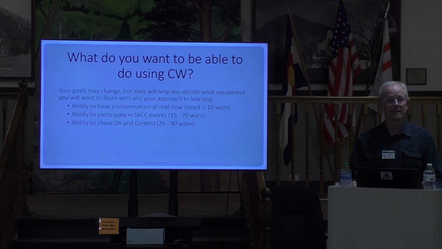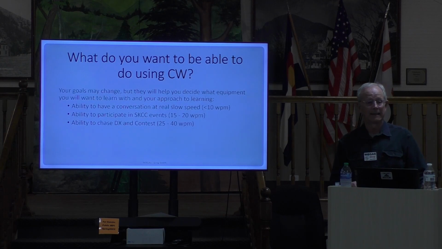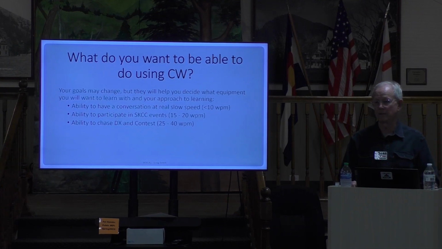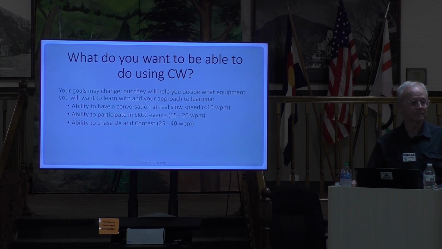And contesting, that's a whole other topic. It's a great way to get on the air. You can really do a lot of different things. We're coming up, the first weekend in November is the ARRL Sweepstakes CW event. There are 84 ARRL sections in the United States and Canada.